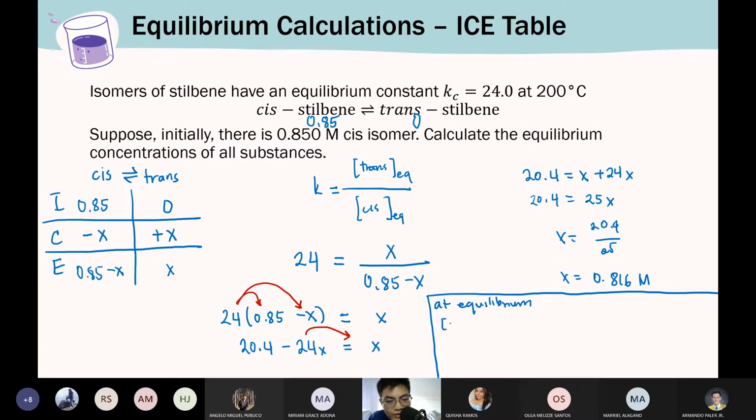The concentration of trans is equal to x, and that is equal to 0.816 molar.